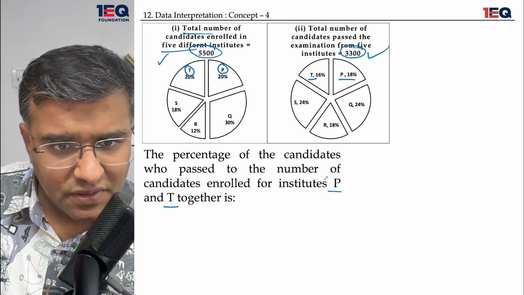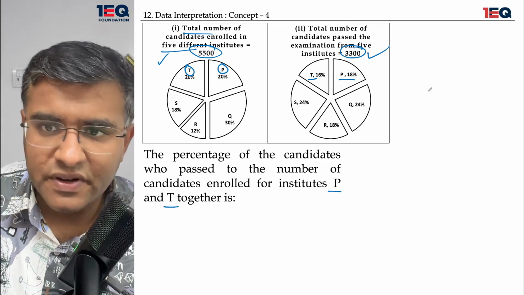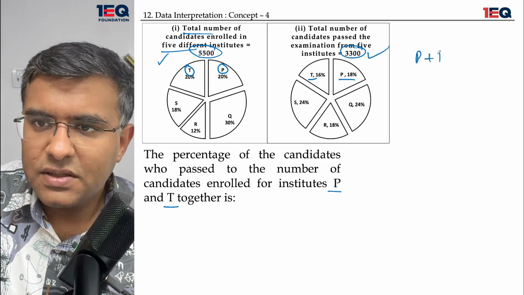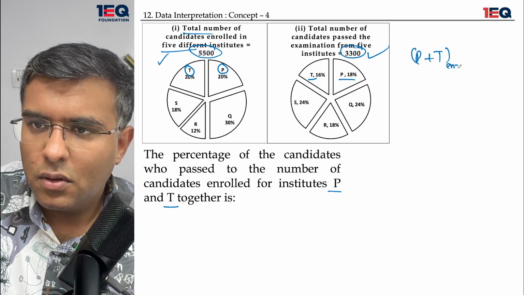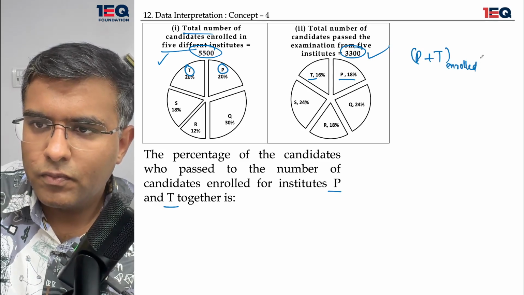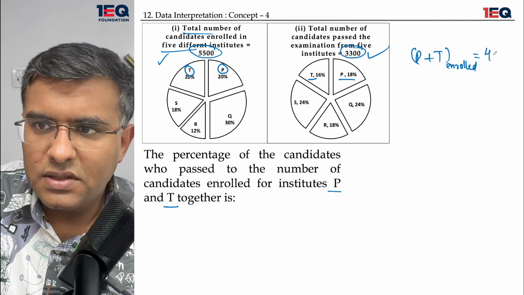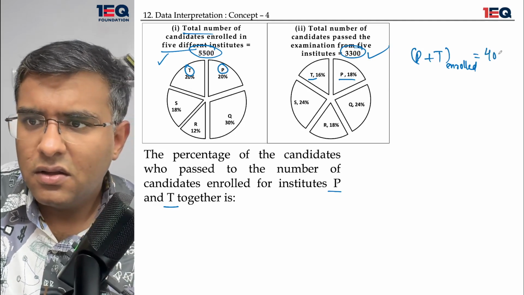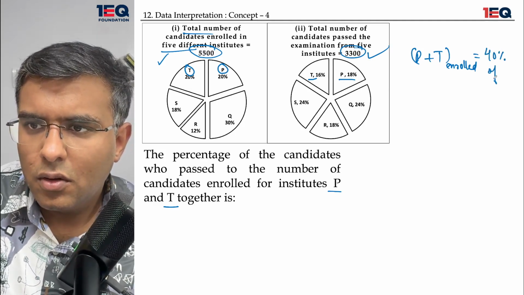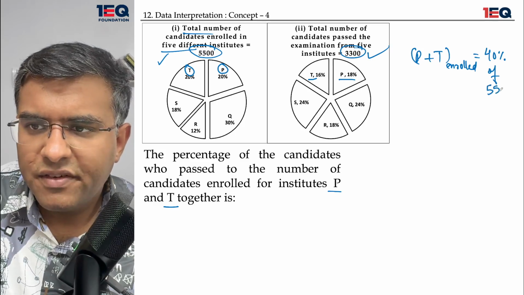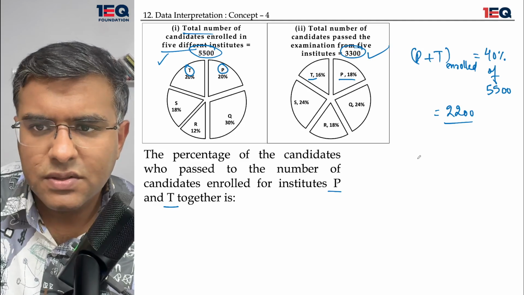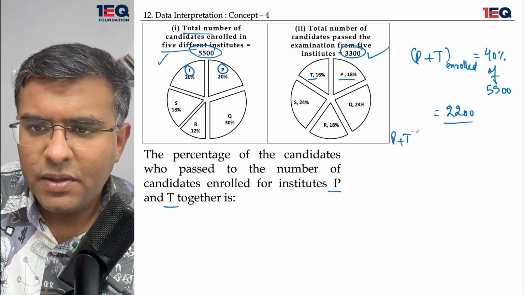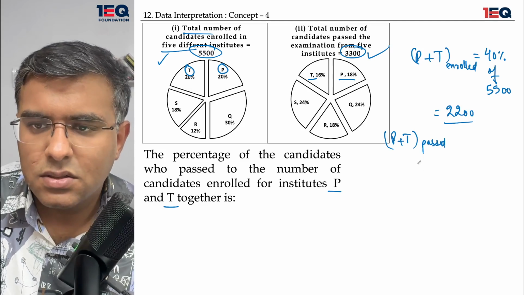Let's find out, firstly, the number of students who have enrolled, P plus T enrolled. This is 40% of how much? 5,500. This is nothing but 2,200 students. Then again, P plus T, and I need to find out passed.